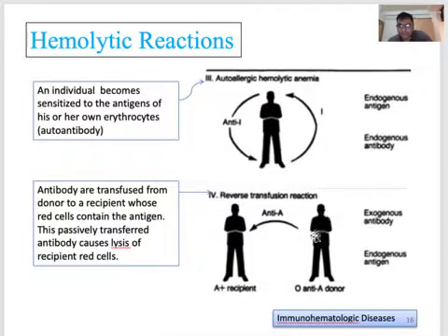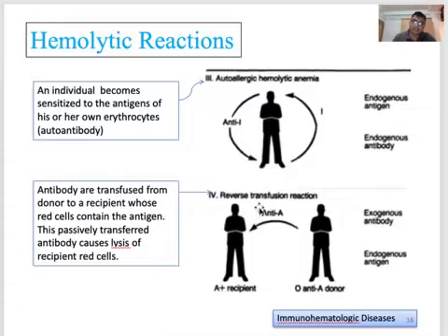If this person donates blood to an A positive recipient, the recipient has antigen A. In this case, the incoming anti-A antibody will react with the donor's blood cells, because the donor's blood cells have A antigen.